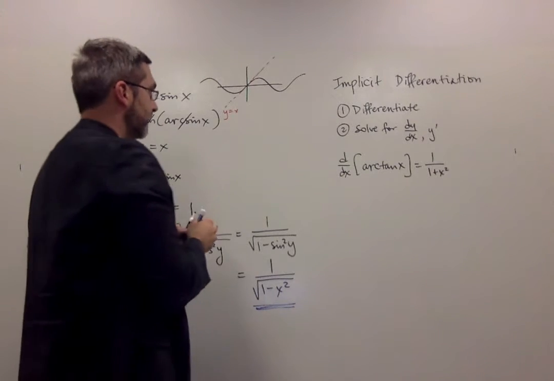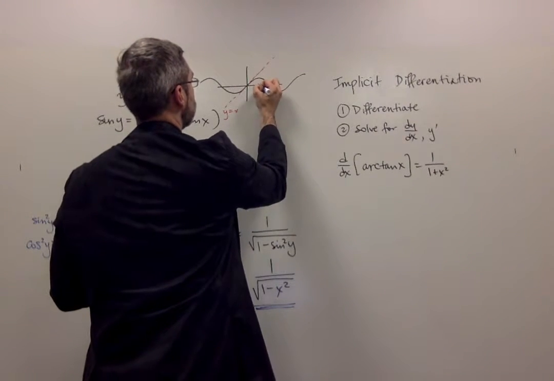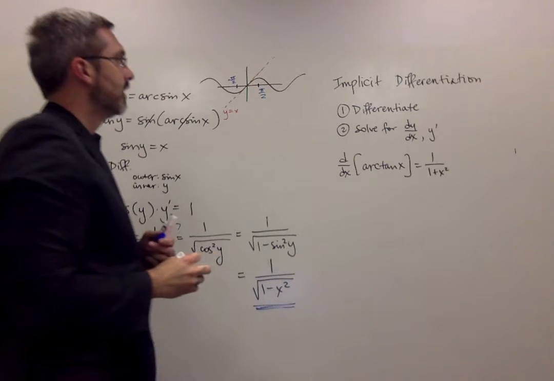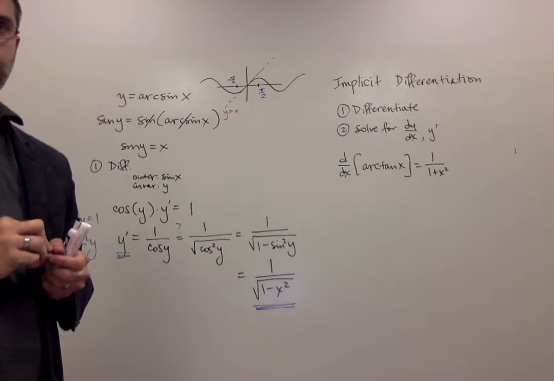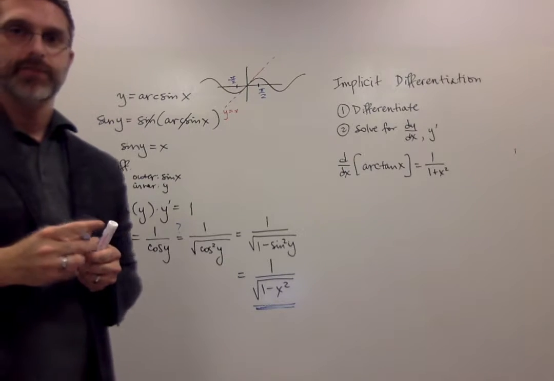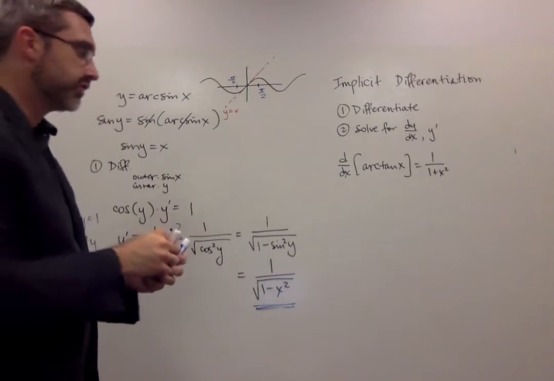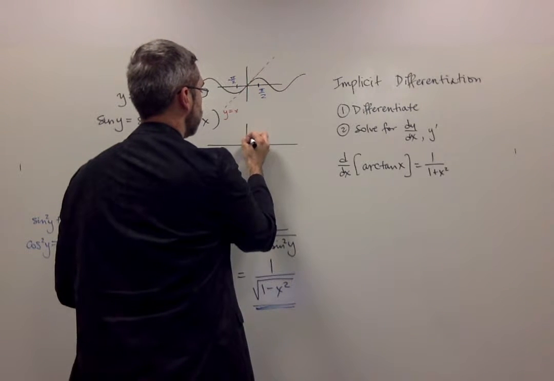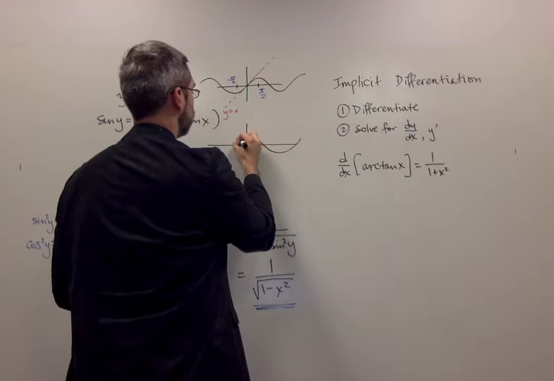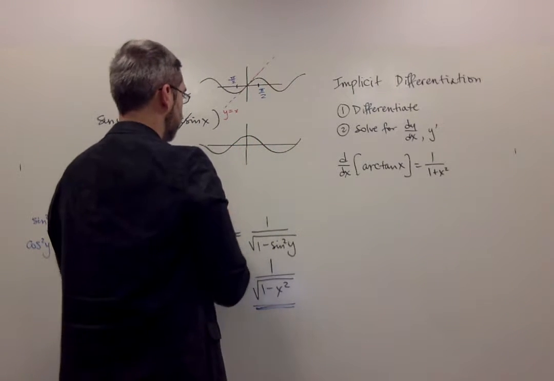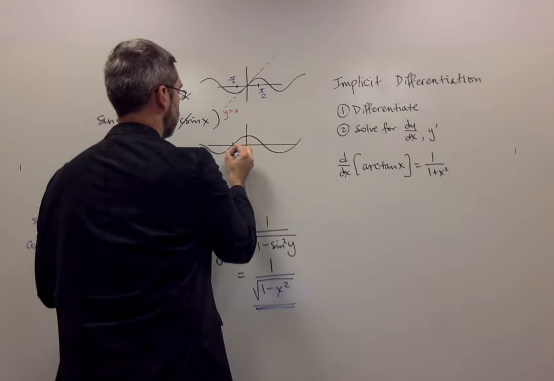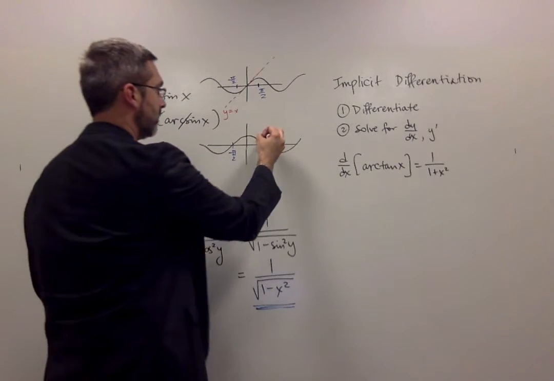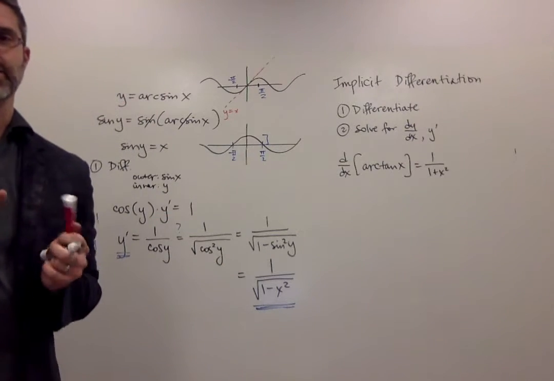So that means we need to cut it, and the place that we cut it was right in here from negative pi over 2 to pi over 2. That is where we cut the sine function so that we could make the arcsine function. Now what I want you to notice is that in that region, from negative pi over 2 to pi over 2, the cosine function is actually all positive there, except at pi over 2 and negative pi over 2.